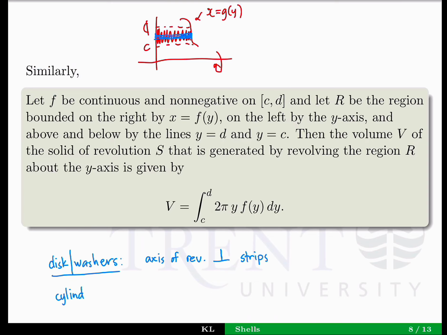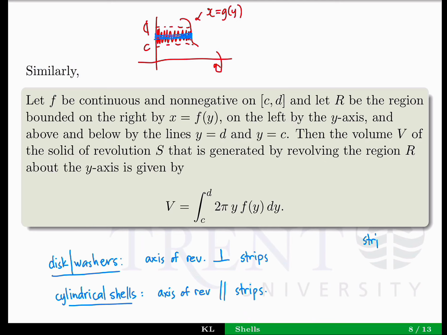Cylindrical shells: axis of revolution parallel to the strips. Okay? Disc or washer, axis of revolution perpendicular to strips. Cylindrical shells, axis of revolution parallel to strips.